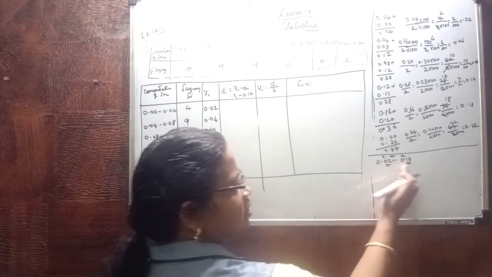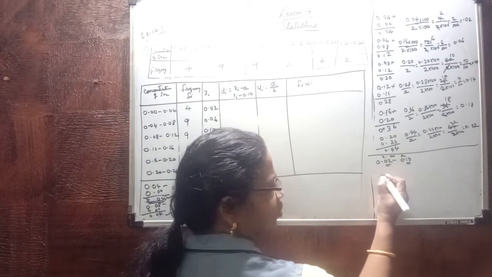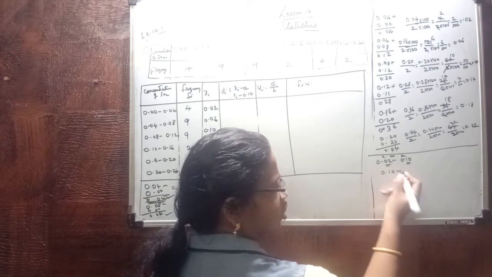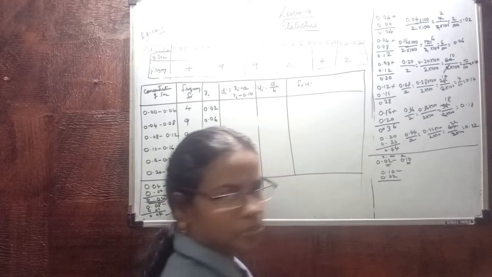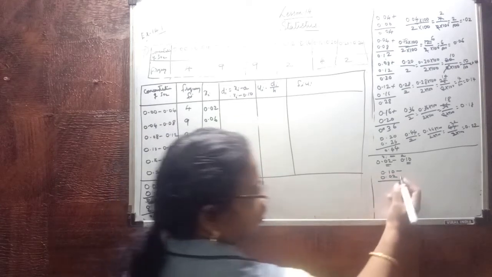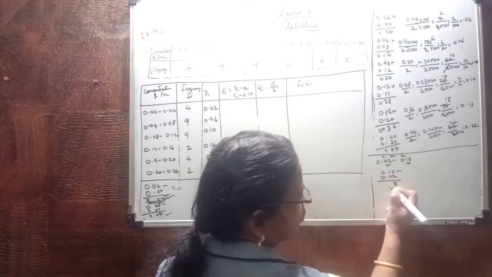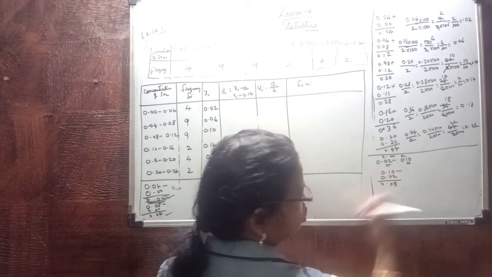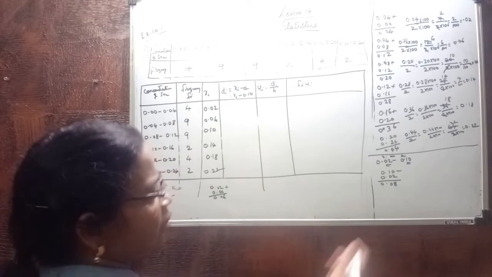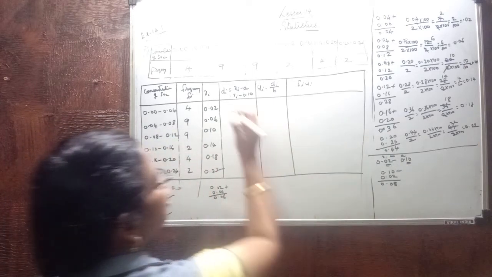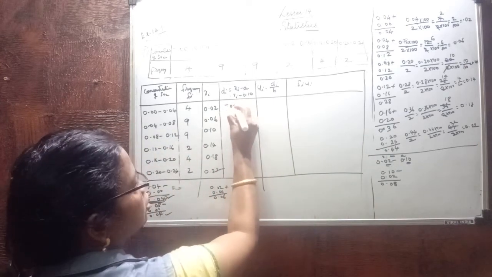So in subtraction, always write the bigger number first: 0.10 minus 0.02. So it will be 0.08, and the bigger one's sign is negative. So negative 0.08.